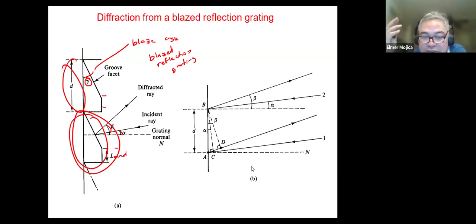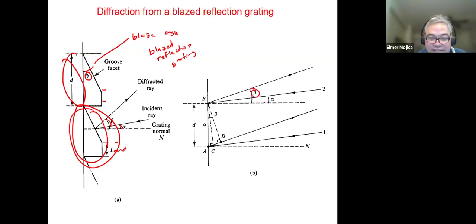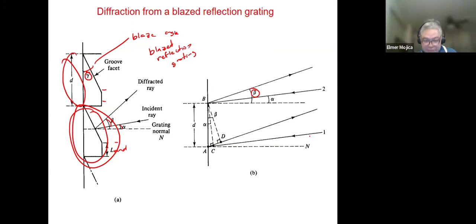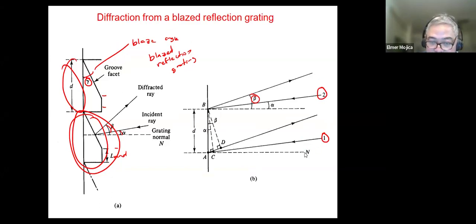You have here two monochromatic rays undergoing diffraction at angle beta. Ray 1 travels a distance farther than ray 2 in reaching the grating surface, and a distance farther than ray 2 on exiting the grating.